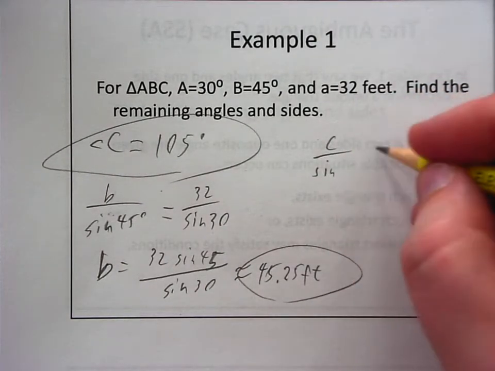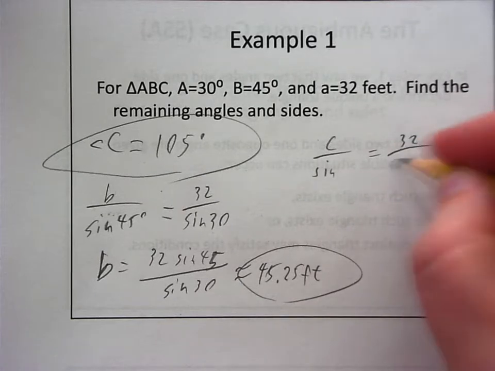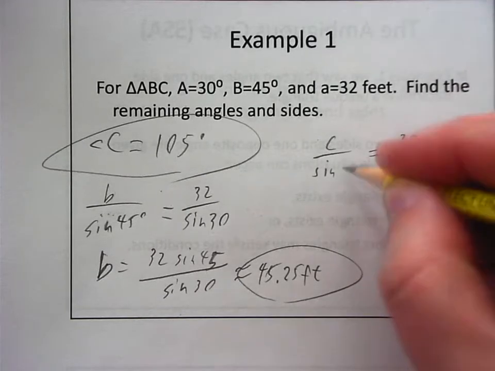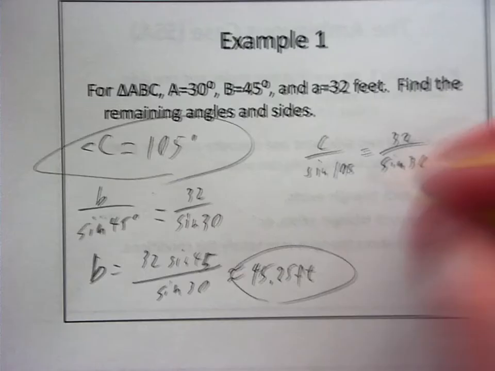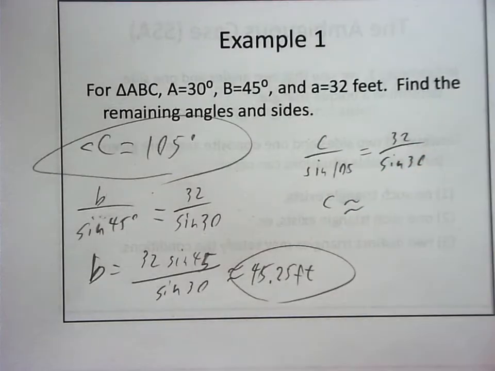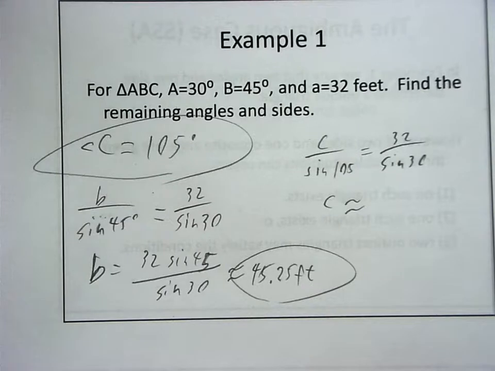C over the sine of 105, the 105 from earlier. So C is equal to what? 32.915. Yeah. What do you get?